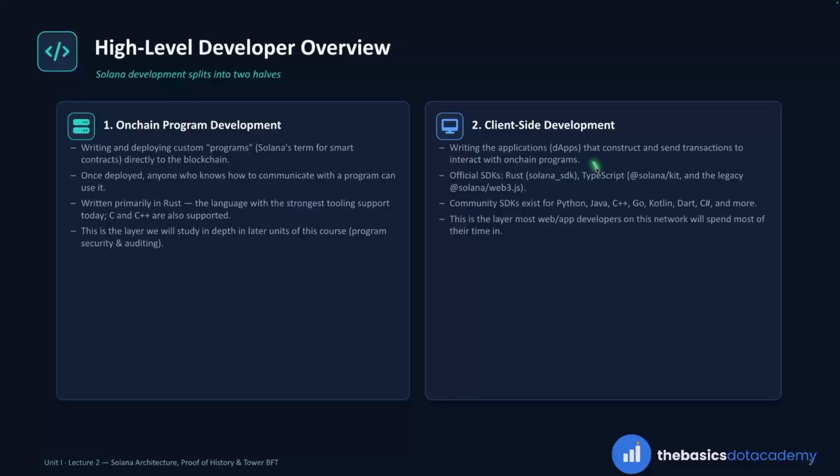If you are familiar with TypeScript, then go with @solana/kit, and there is also the legacy one, which is @solana/web3.js. There are also community SDKs for Python, Java, C++, Go, and so on. So first is the actual program or smart contract development, and second is the client-side development. These are the two halves when it comes to Solana development.